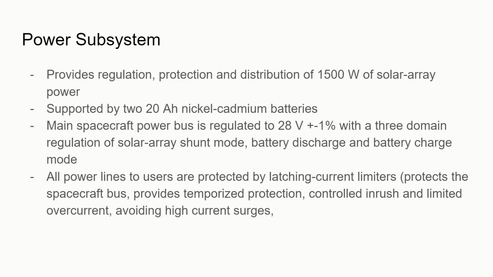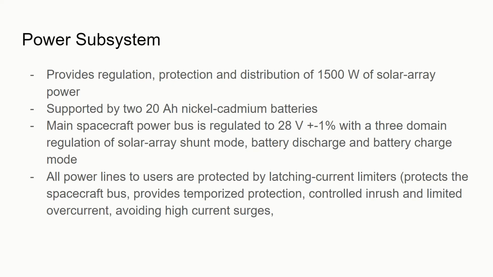The power subsystem provides regulation, protection, and distribution of 1500 watt of solar array power, and it is supported by two 28 nickel cadmium batteries. The main spacecraft power bus is regulated to 28 volt plus minus 1% with a 3-domain regulation, which is solar array shunt mode, battery discharge, and battery charge mode.